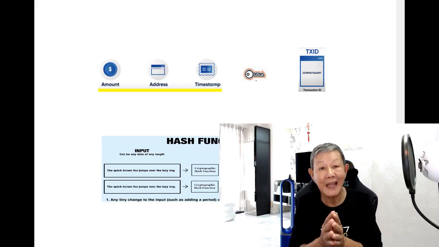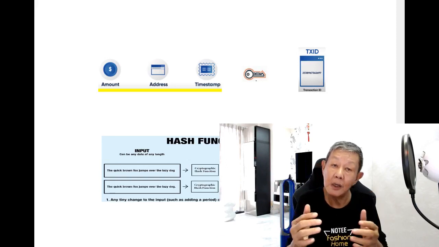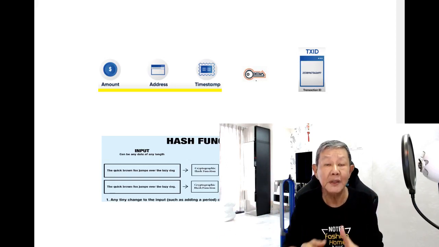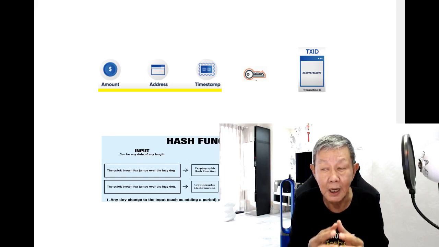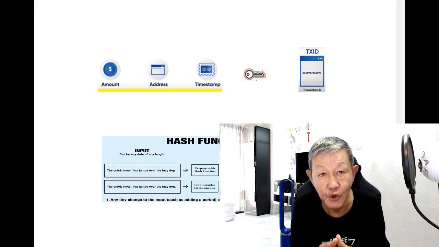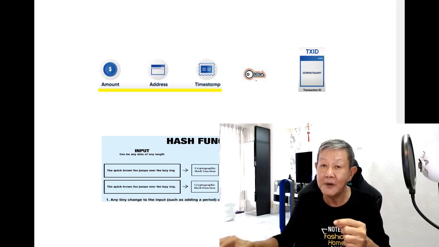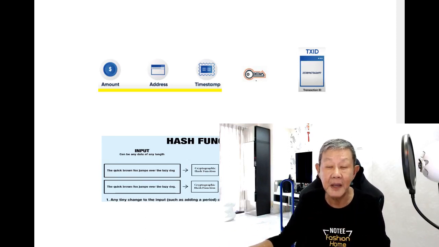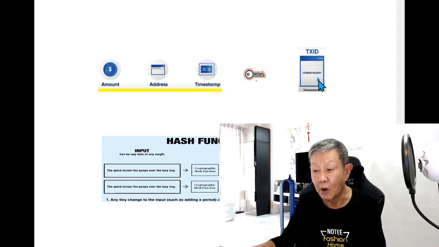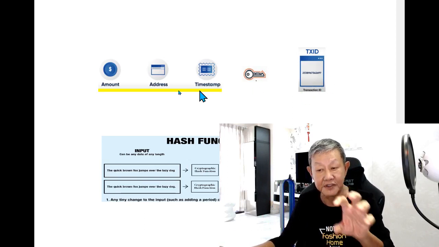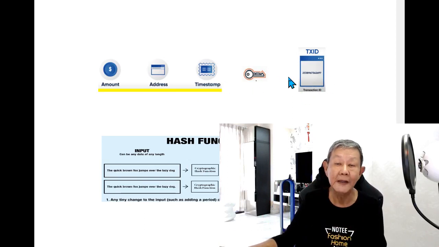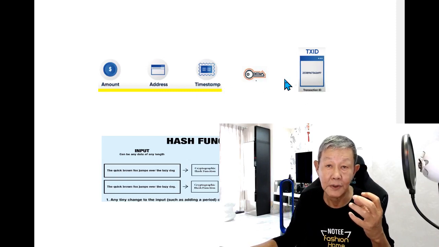Nodes then check with all the 20,000 nodes or servers of the Bitcoin system to see if everybody carries the same result, or the same ID, of the transaction done.